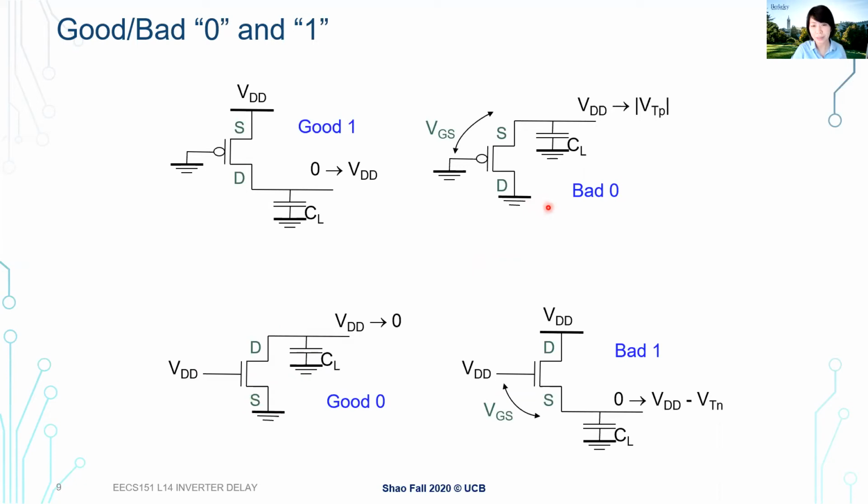The reason is, let's try that. What if we also want to produce a 0 with PMOS? Same setting: we have a capacitor here, and we want to discharge it from VDD to 0. With PMOS, my gate is on when I have a low voltage, so here I connect my gate to 0. When I have a low voltage, my gate is on.